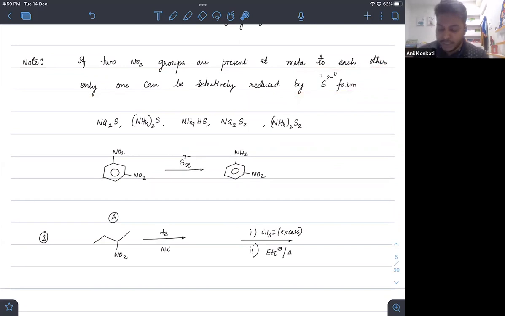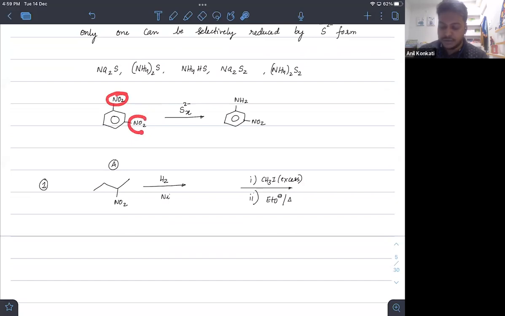So S2 minus can come in many forms: Na2S in water, ammonium sulfide, ammonium hydrogen sulfide, Na2S2 in water. In any form of the sulfide, if you treat this dinitrobenzene, or meta-nitro groups, then this reagent will reduce only one of the nitro groups.